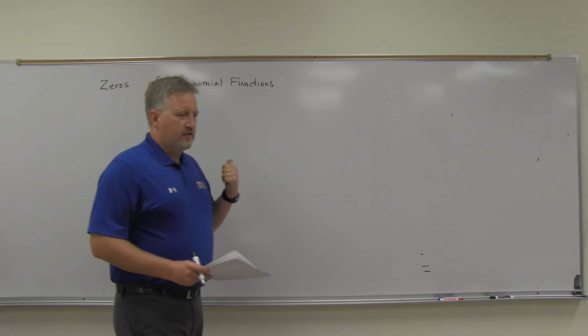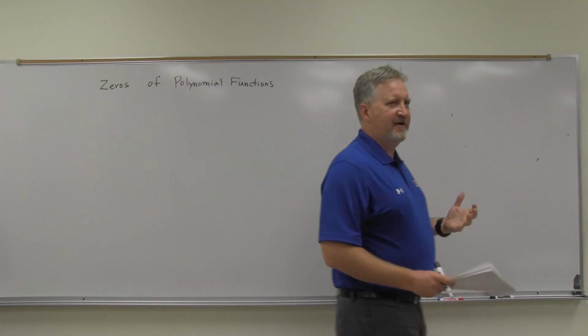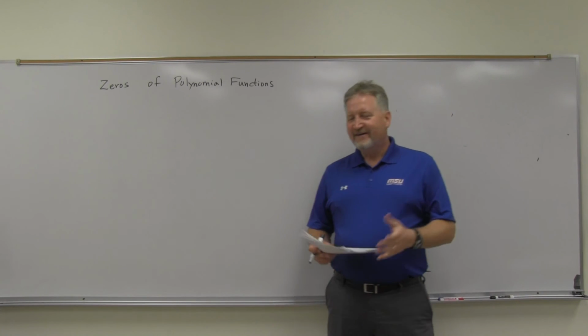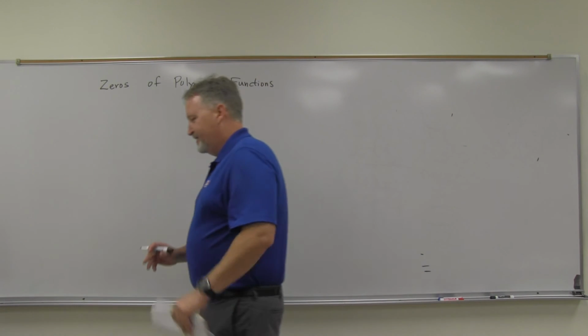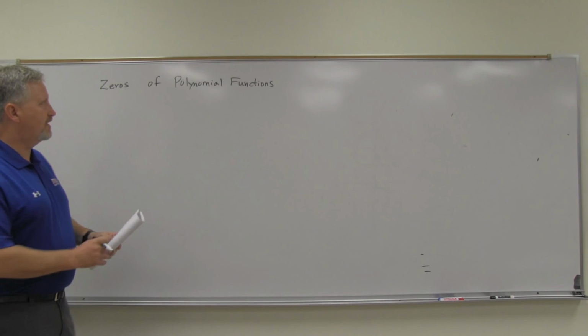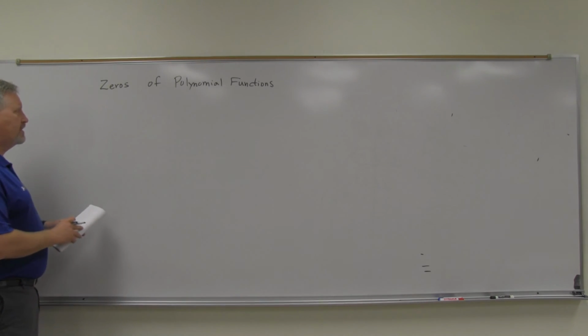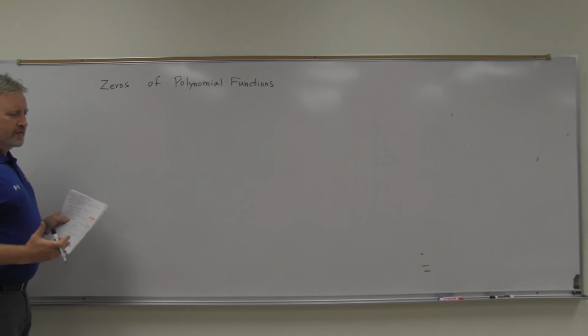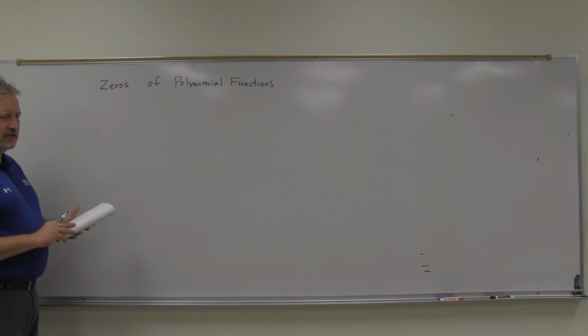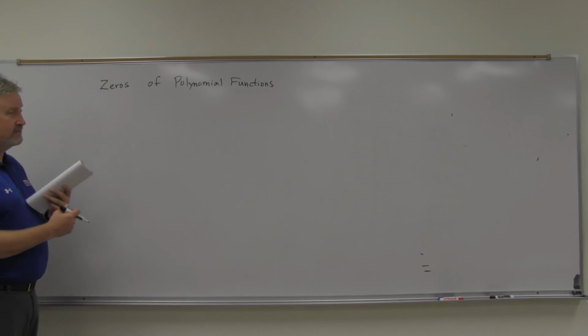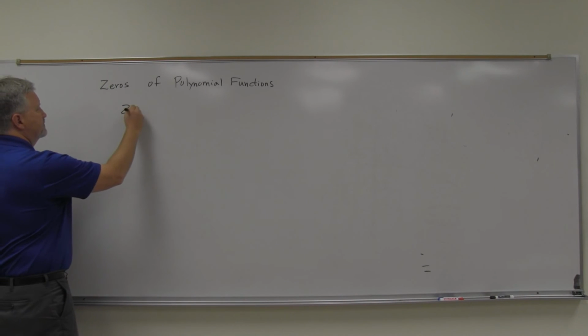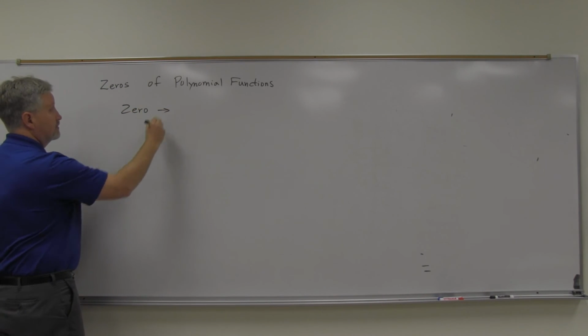We've talked about zeros before, and we're going to talk about them a little bit more here today and in the very near future. But just help me recall here, what do we mean by the zero of a function? Setting it equal to zero?